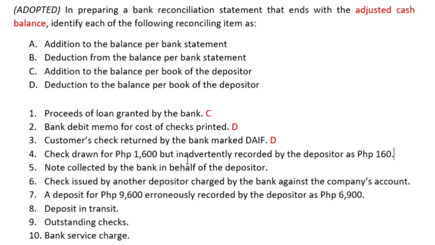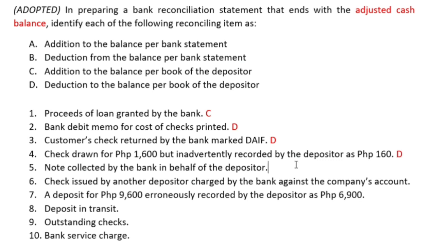So, bawasan natin yung difference, 1,600 minus 160 pesos. O yung difference na yun yung i-record natin as adjusting entry para ma-adjust natin yung amount from 160 papuntang 1,600. So, the answer for number 4 is letter D. Deduction to the balance per book of the depositor.